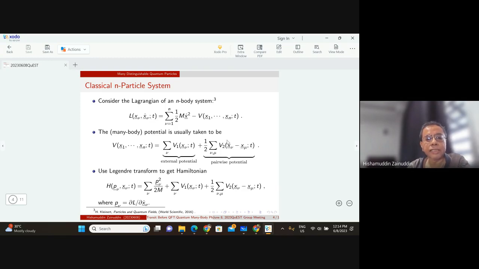Rarely does one go beyond this. I think so far what I've seen, one goes to a three-body potential, and already you don't really have a nice intuition there, and my guess is you lose some kind of locality in that sense. But that's for a different story.